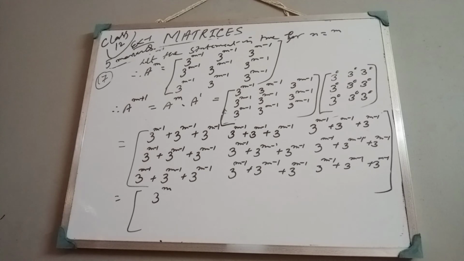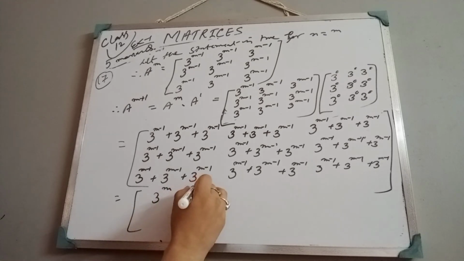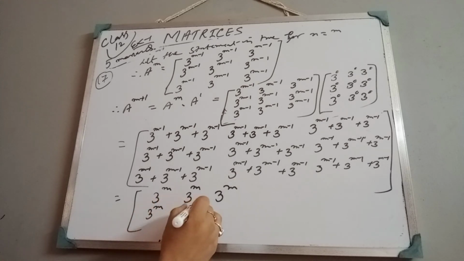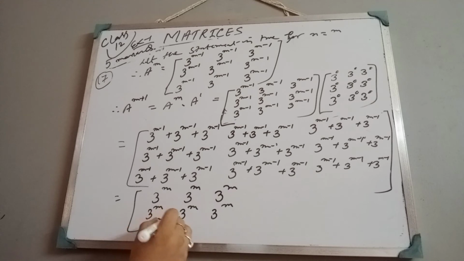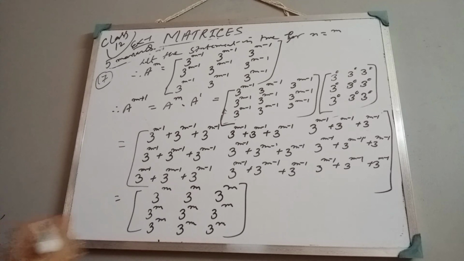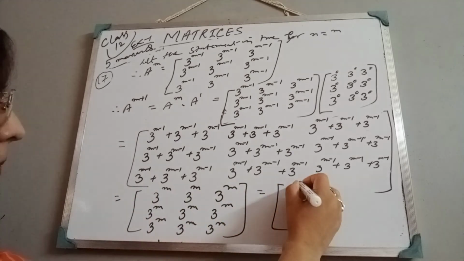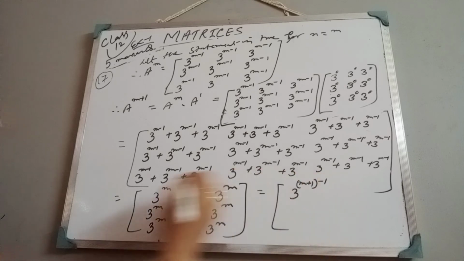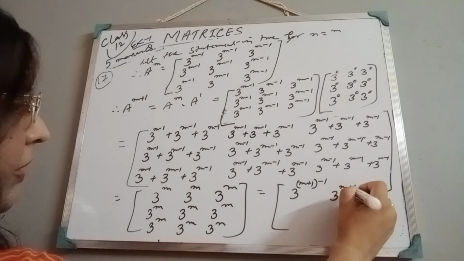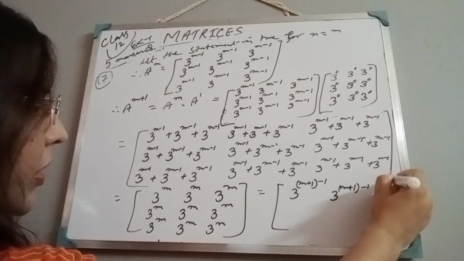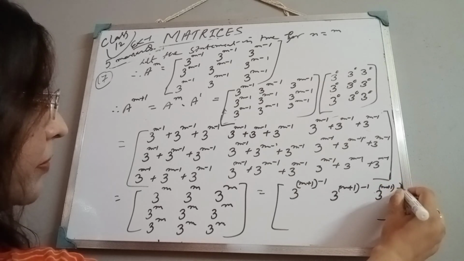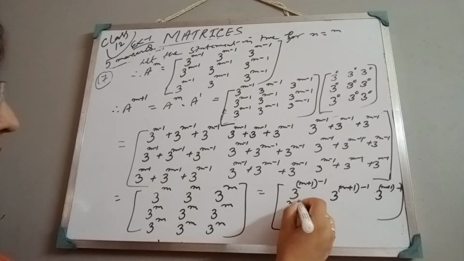Now 3 to the power m is written, and similarly other elements also 3 to the power m. Now 3 to the power m can be written as 3 to the power m plus 1 minus 1, since plus 1 minus 1 cancels. Same thing here, and here also the same.